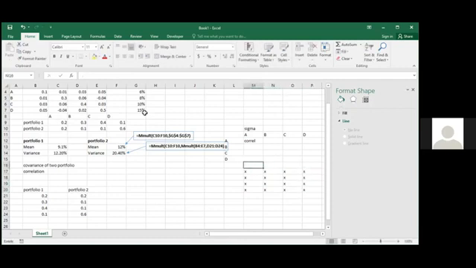Then again we multiply this by the weighted value of A, weighted value of B, weighted value of C, weighted value of D. This side does the same: weighted A, weighted B, weighted C, weighted D. These values here are 0.2, 0.1, 0.1, 0.6, and this side also row wise, 0.2, 0.1, 0.1, 0.6.